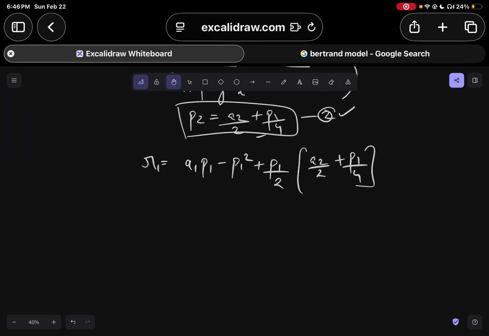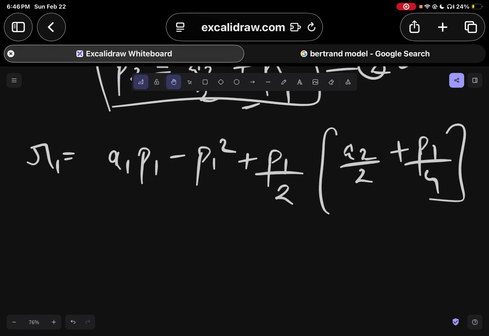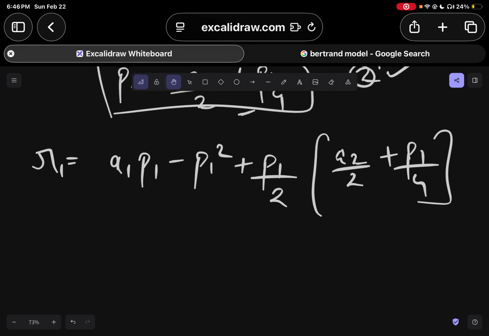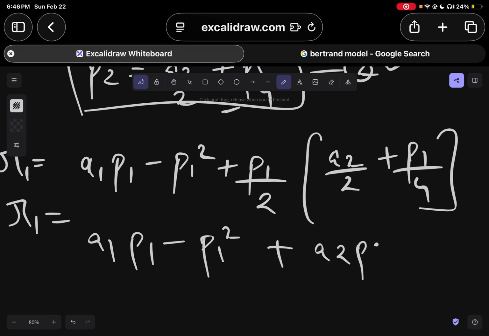This can further go to A1 P1 minus P1 square plus, we just multiply and open up the bracket, A2 P1 upon 4 plus P1 square upon 8.